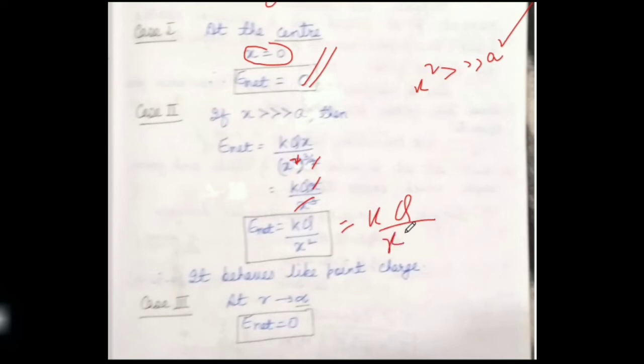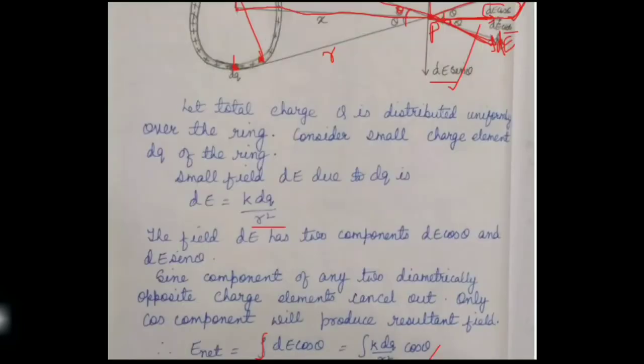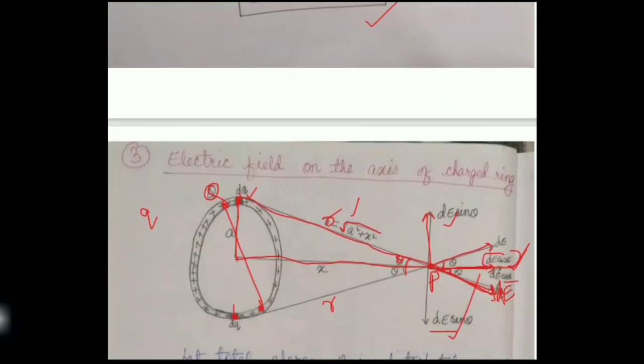So the net electric field when x is very much greater than a becomes K Q by x square. It means it behaves like a point charge. Due to a point charge, the electric field is K q by r square; here at a distance x, K Q by x square. So this is case 2. Again, when r tends to infinity, the net electric field is 0. In this way we solved this question, the electric field on the axis of the charged ring.